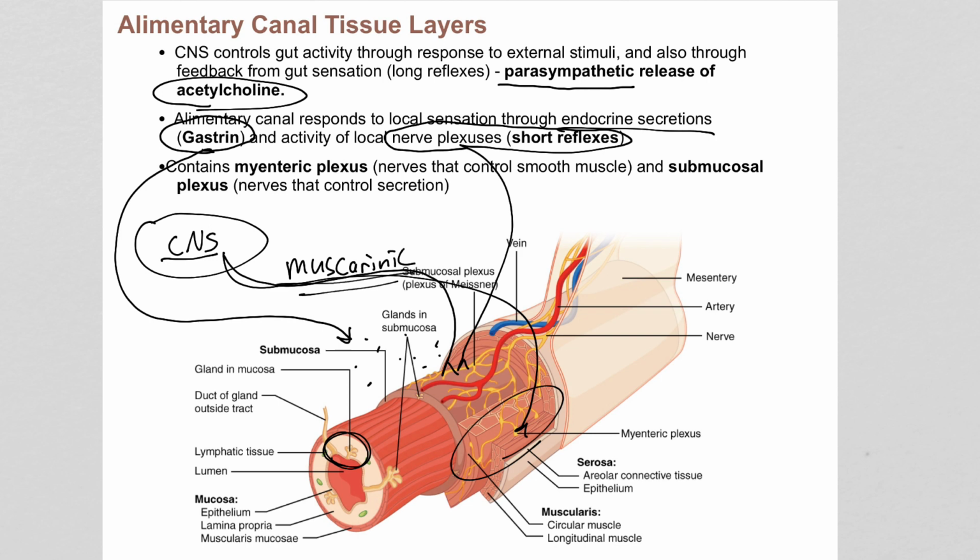So between your three options, parasympathetic activity from the brain, local nerve reflexes from mechanoreceptors, or the response to hormones that are released into the blood, all of these things are going to activate GI tissue. Right? Most of that's happening in the stomach, but you also have functions and secretions that are going on in the small and large intestine, and they need to be able to respond as well.